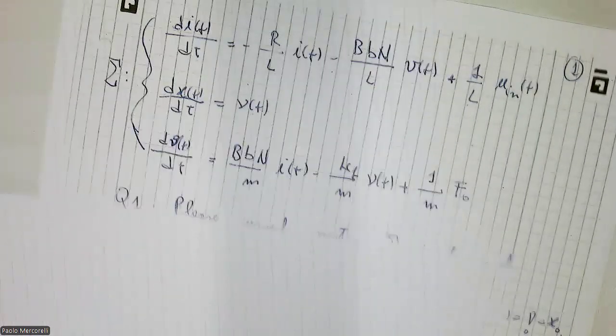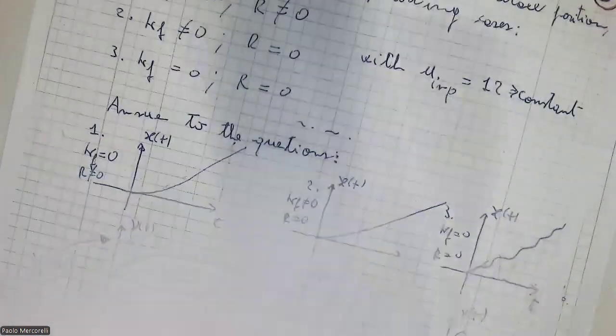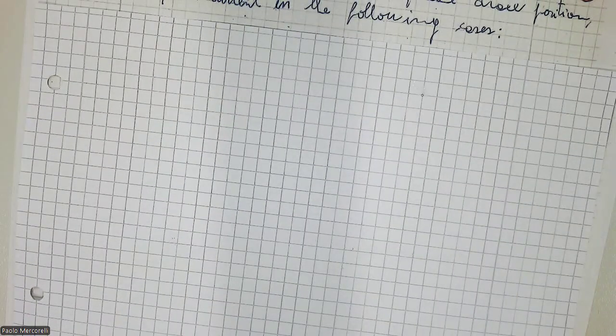Another kind of exercise which you can find in the exam. Now, you have to be careful, don't mix the slides. Look at this. Given the actuator in one, the actuator is characterized by this.